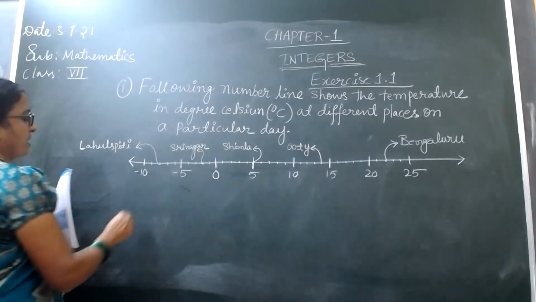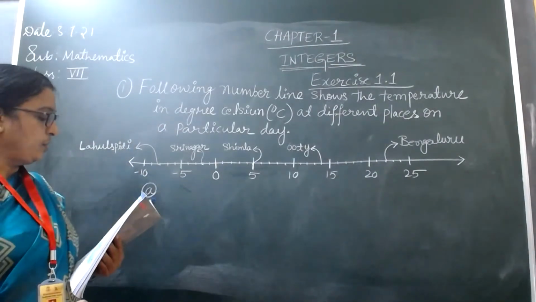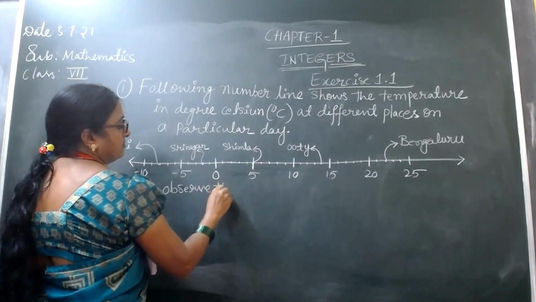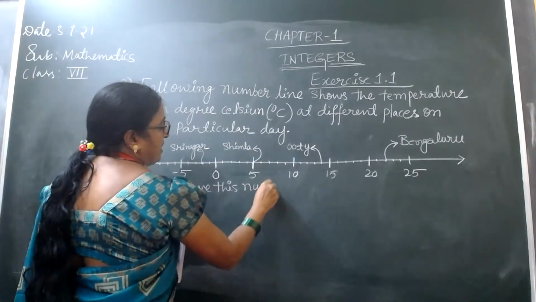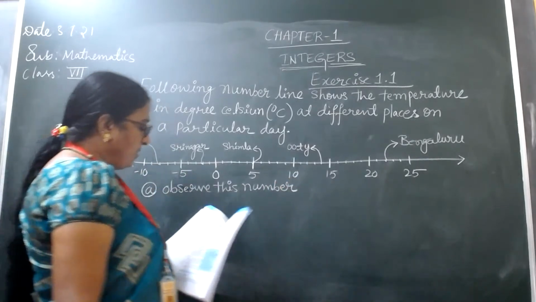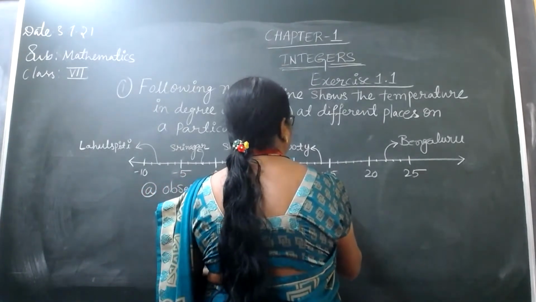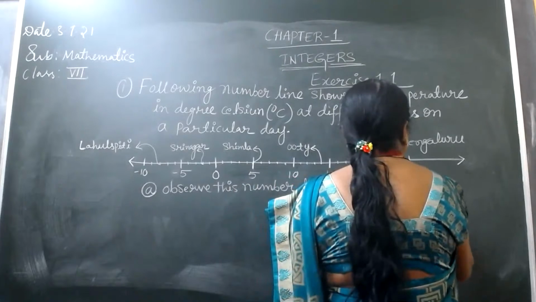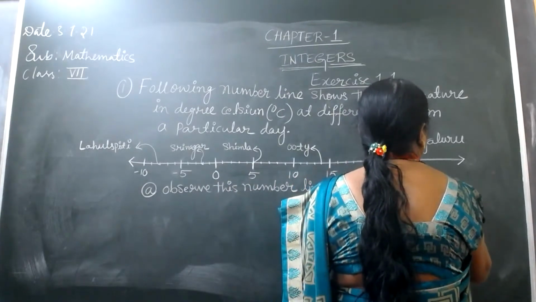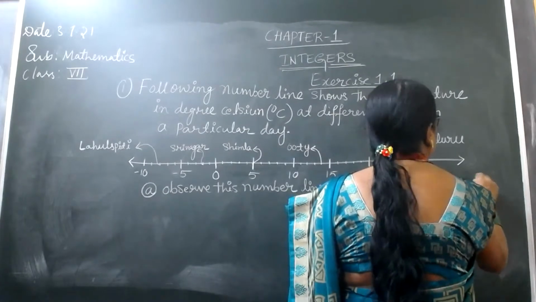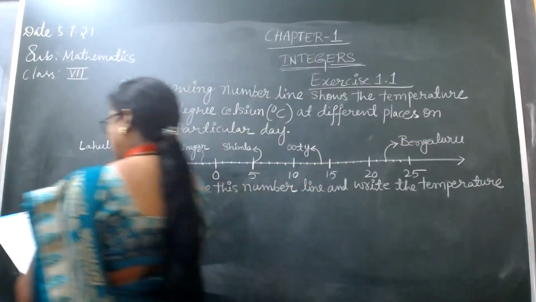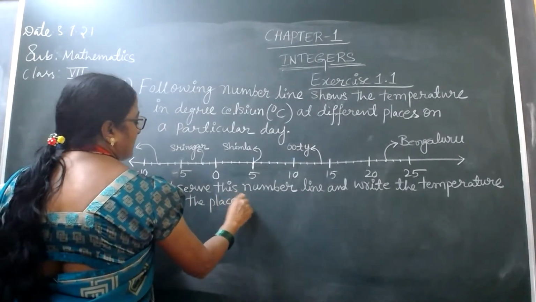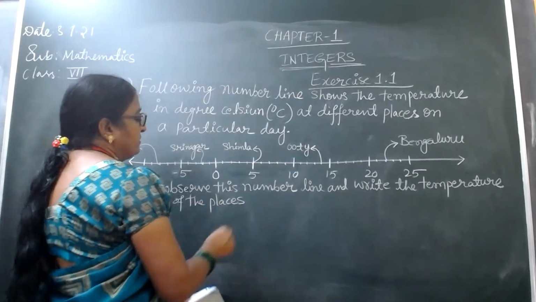The first question A is: observe this number line and write the temperature of the places marked on it.